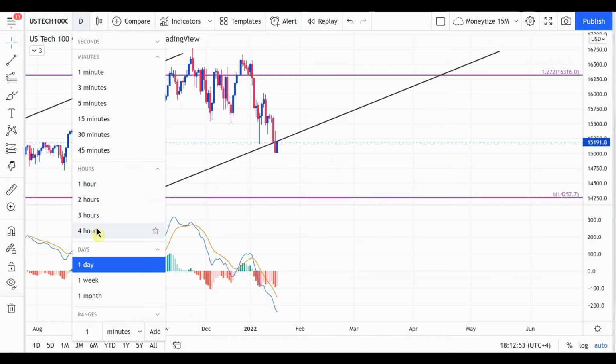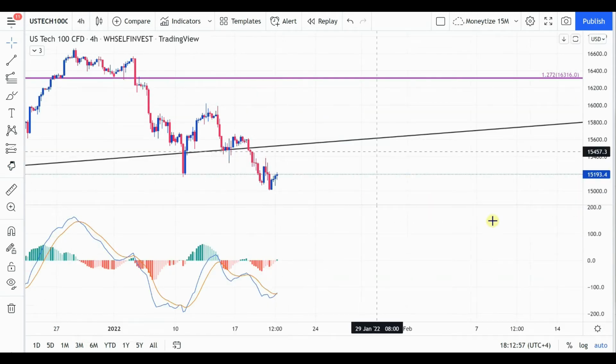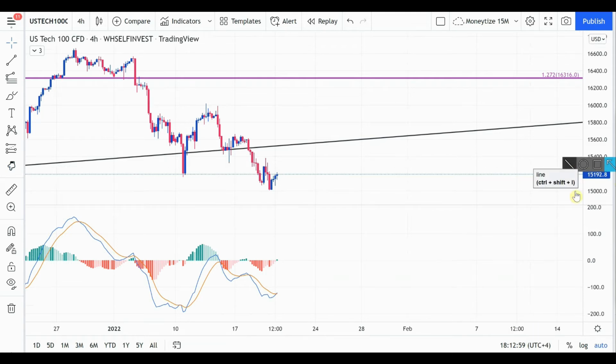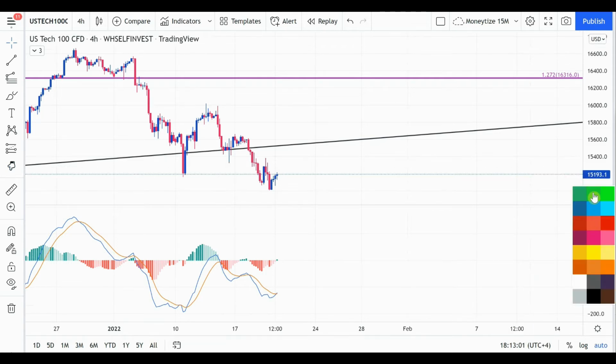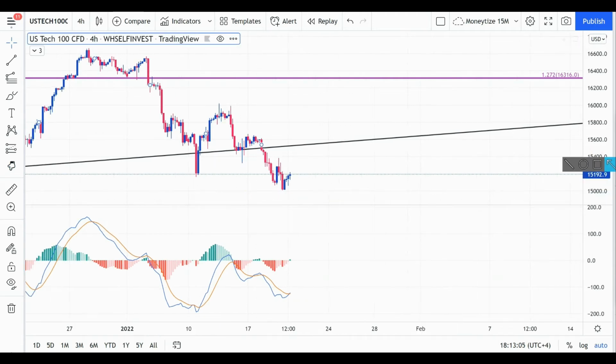Moving down to 4 hours. On the 4 hours, we have a low and a new low, the second low, but the MACD lines have started moving upside, so it's a bullish divergence.